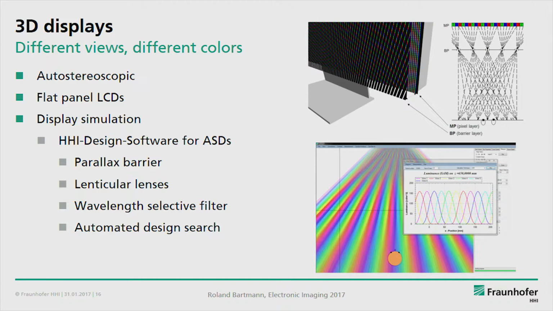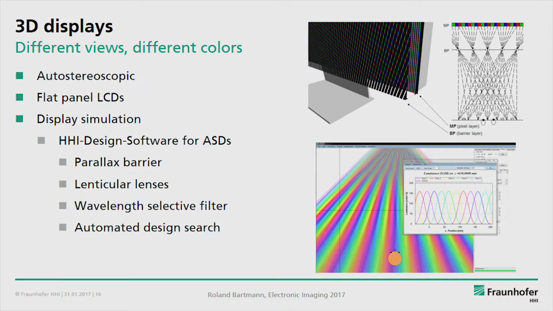Here on the right side are two example pictures of our simulation. Here's the display system again with the image plane and the image splitter. And here you can see some color-coded viewing zones, and this bubble here is the observer. And this is a sample for a measurement.